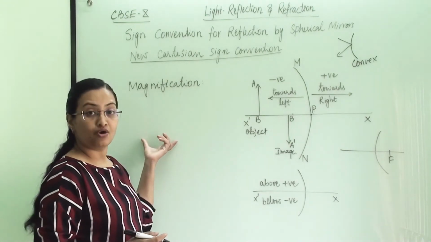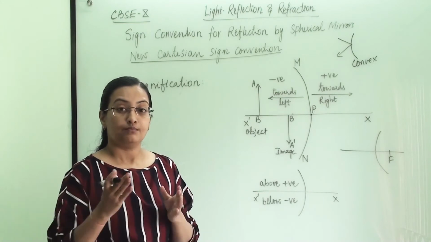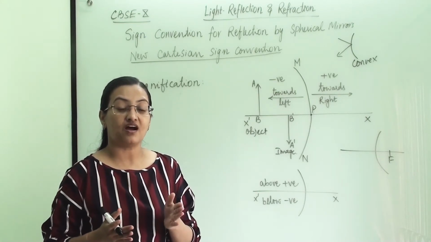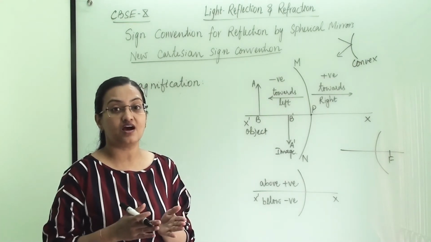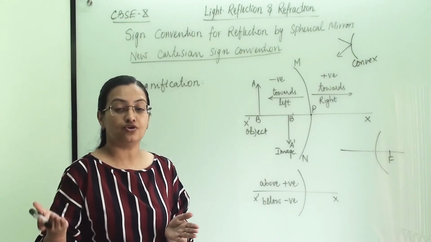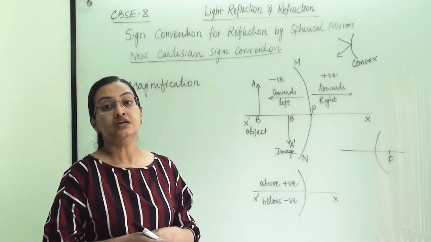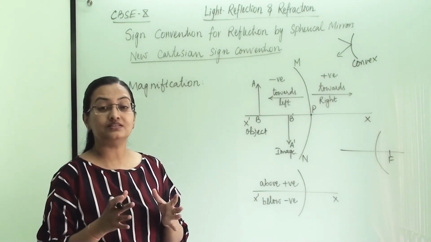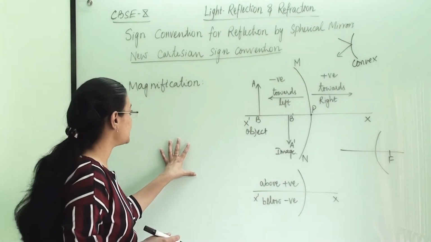So what is the meaning of magnification? It means the enlarging of the image. But sometimes the image is smaller compared to the object, sometimes the image is enlarged compared to the object, and sometimes the size of the image will be equal to the size of the object. All these details we get from the answer of the magnification formula.